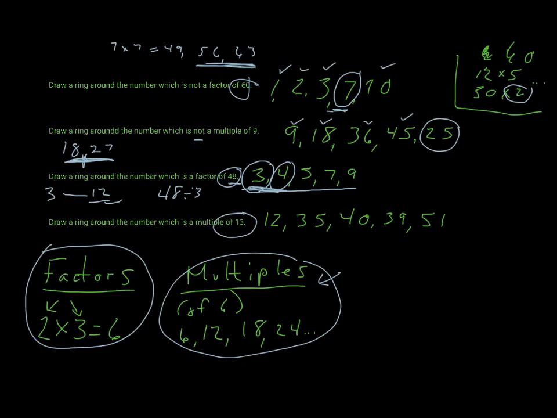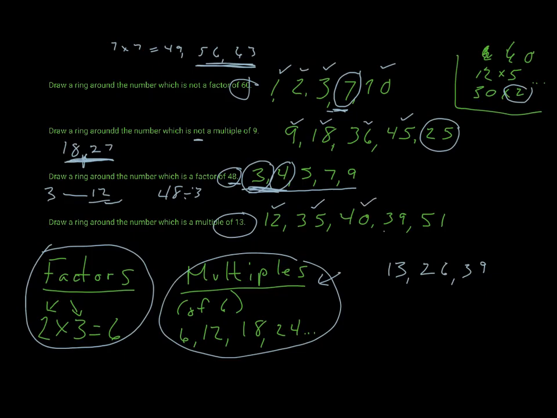Obviously 12 is not going to be on the 13 times table. 35 is not going to be on it either, because the 13 times table would be 13, 26, 39, so 35 doesn't appear there. 40 doesn't appear.